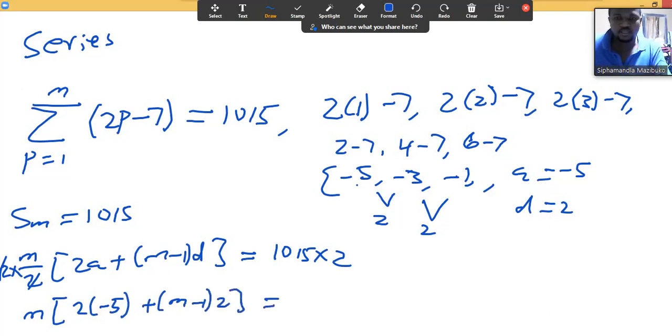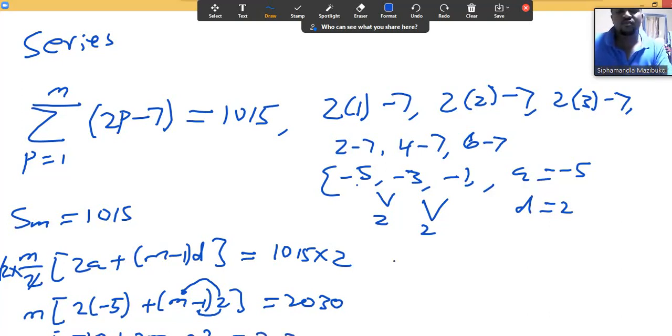This is equal to 2030. Therefore we have m times: 2 times minus 5 is minus 10, and then expanding, plus 2m, because we multiply 2 with the m, but we also multiply 2 with minus 1, so we get minus 2. We put this in the bracket, then we have 2030.